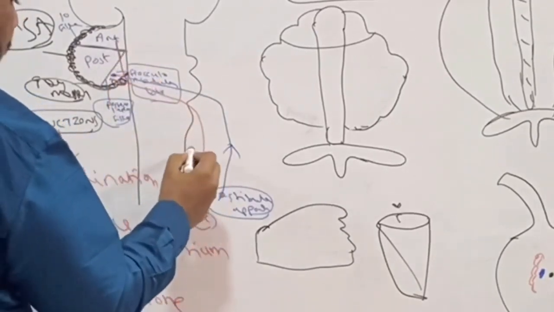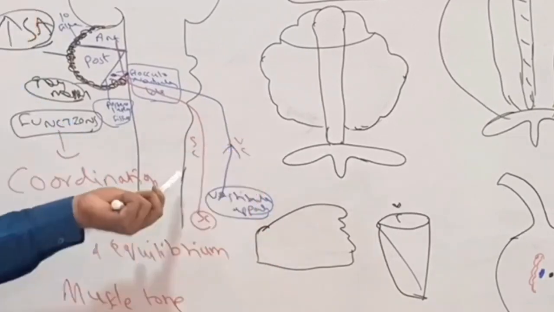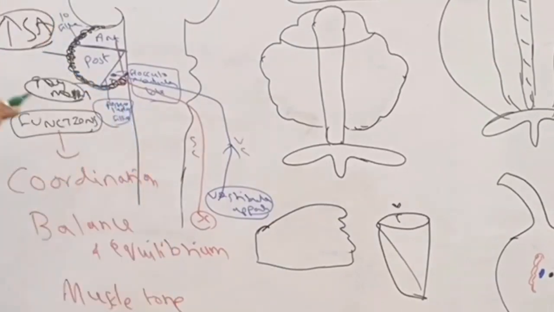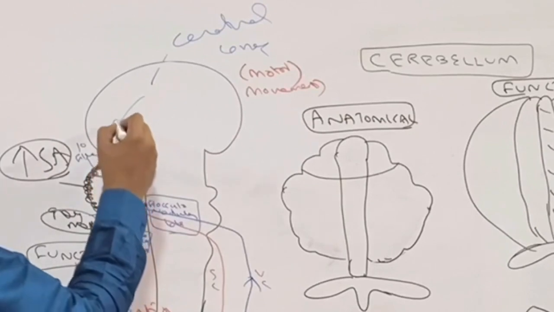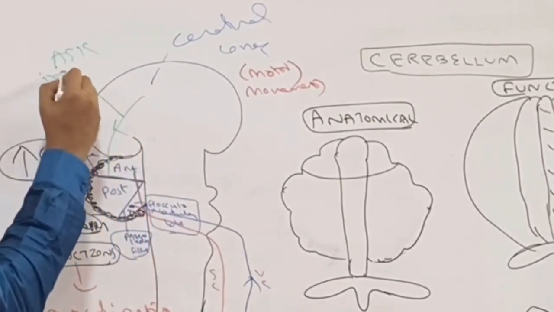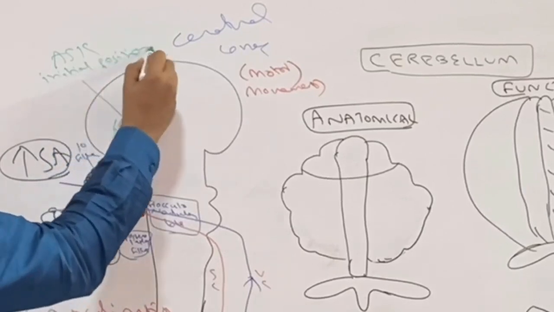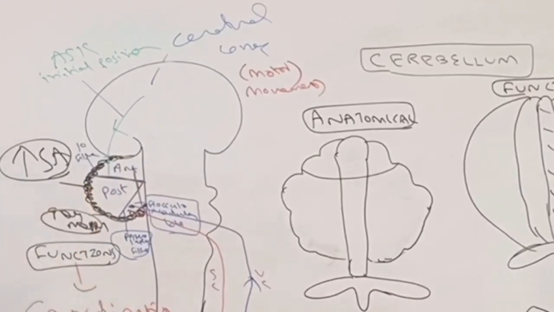So spinocerebellum. This is spinocerebellar. This is vestibulocerebellar. Spinocerebellum is concerned with coordination of movements. From the motor cortex, we ask the initial position. So the cerebral cortex will ask the cerebellum, as I was explaining with an example, picking a cup of tea.